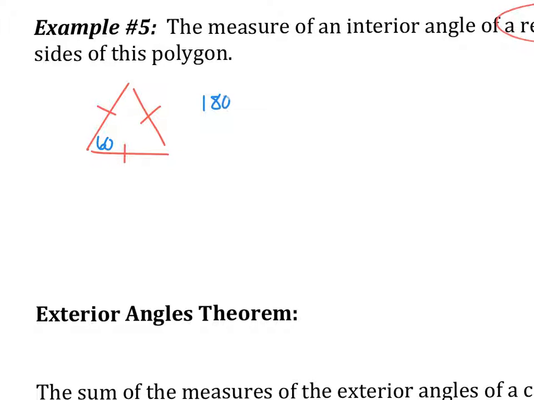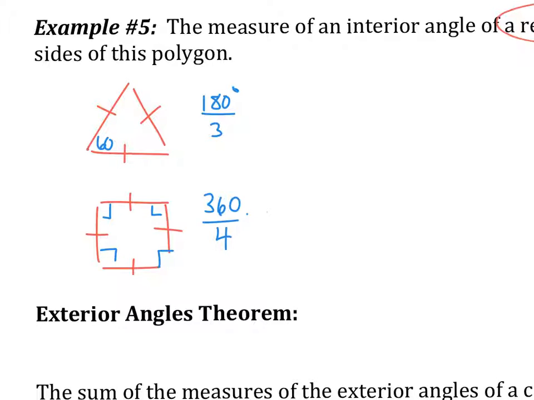So 180 degrees divided by 3 angles tells you that each of them is 60 degrees because they're all the same. Okay? Let's take a square. What's the measure of each angle in a square? 90. Okay? What's the sum of the 4 angles in a square? 360 divided 4 ways gives us 90 degrees.